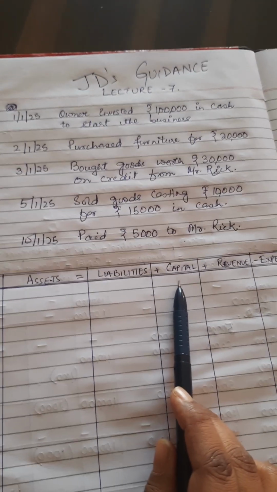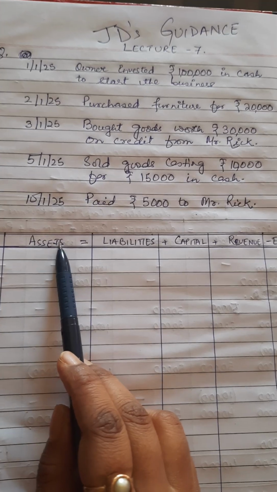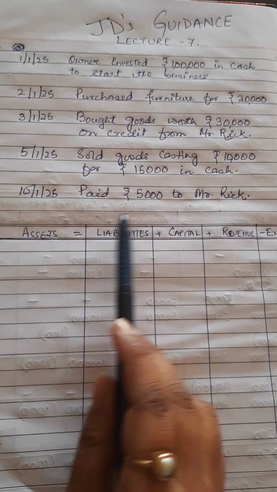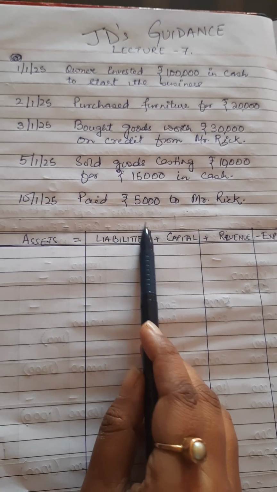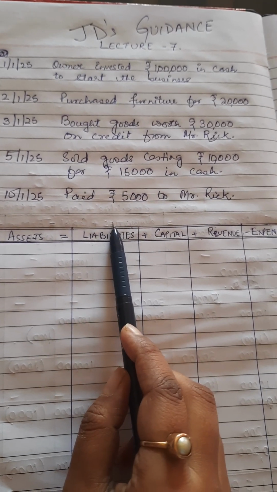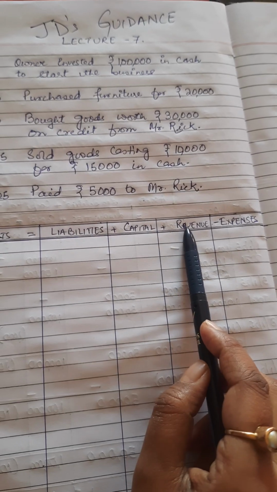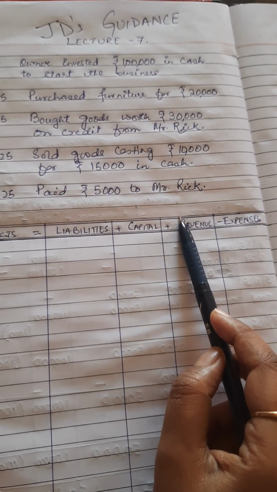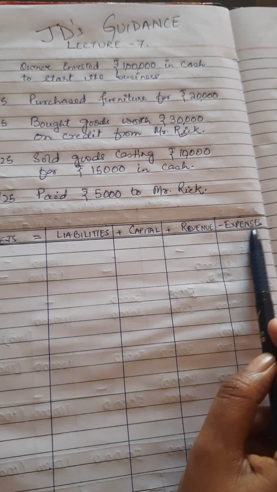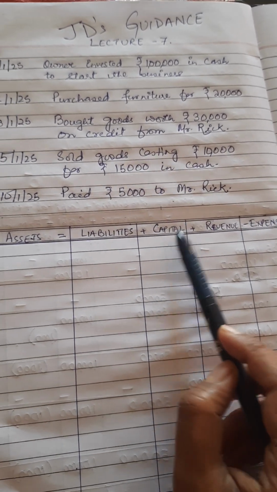Also, I have told you that in a company or in a business there are assets, and these assets are financed through owner's capital and through borrowed capital, that is our liabilities. With capital we are trying to add the revenues and deduct the expenses. This is the earnings of the organization minus the expenses of the organization that gets added with the capital.